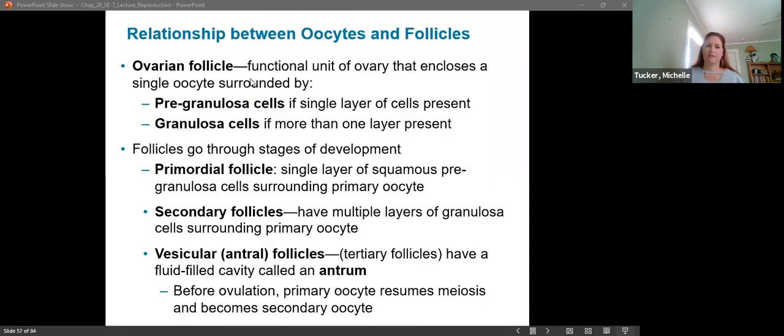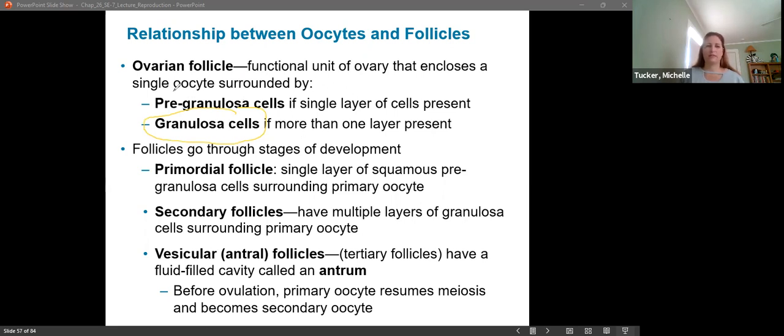The ovarian follicle is the functional unit of the ovary. It's going to produce an oocyte. There are additional cell types. One of the important cell types is called granulosa cells. These are the cells that are going to surround the oocyte.